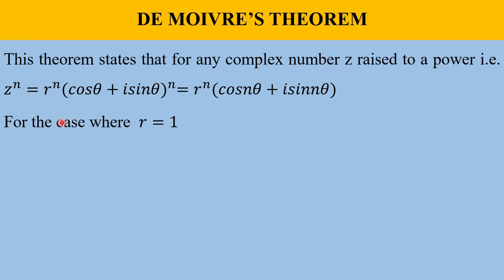For the case where r is equal to 1, if we substitute r is equal to 1 in this expression, we shall have z power n is equal to cos n theta plus i sin n theta, because once we substitute 1 power n, it just remains 1. So we have a silent 1 here.